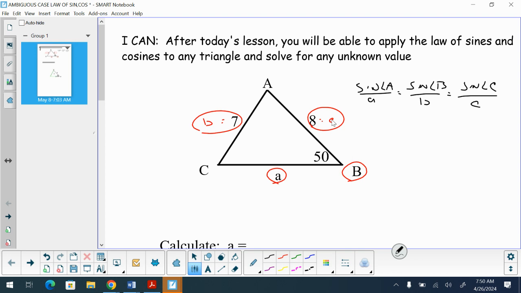If we evaluate what we have within our triangle, we have little b, little c, and angle B. So within our law of sines equations, we know 3 of 4 elements of a proportion.